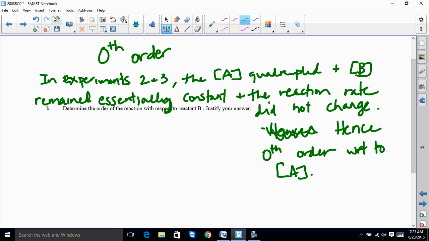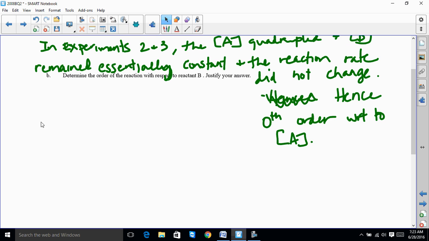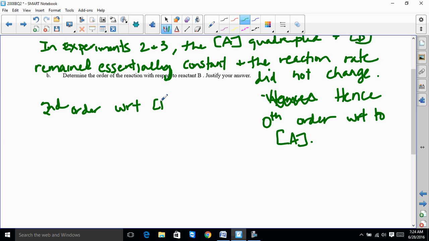Kind of the same thing down here, but I'm going to have to extend the page when I get there. So what's the order with respect to B? In this case, I would say it's second order with respect to the concentration of B, and the reason is in experiments 1 and 2.